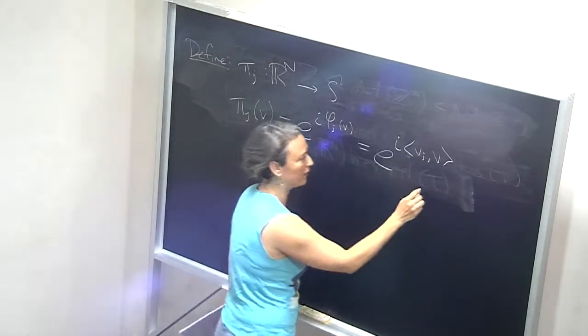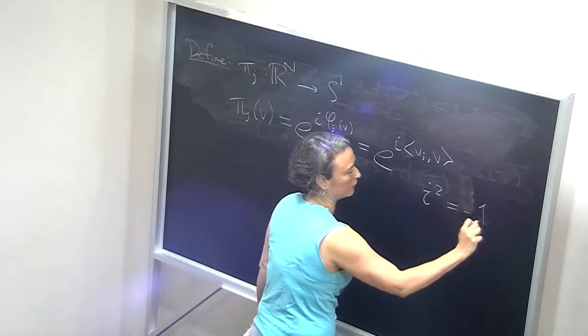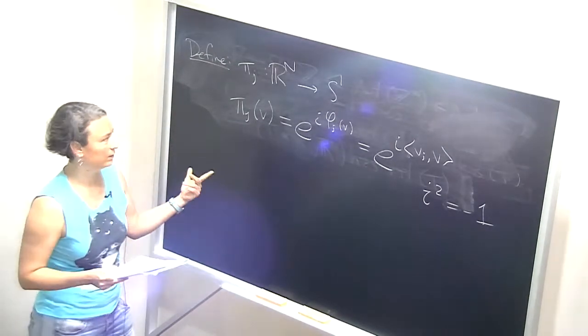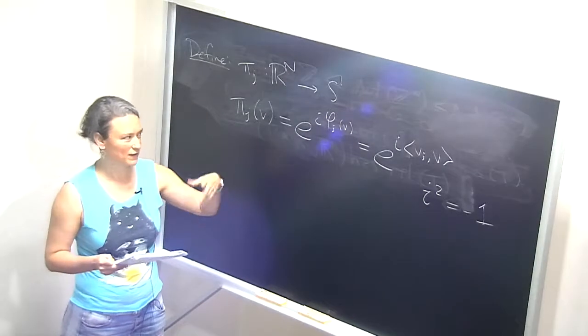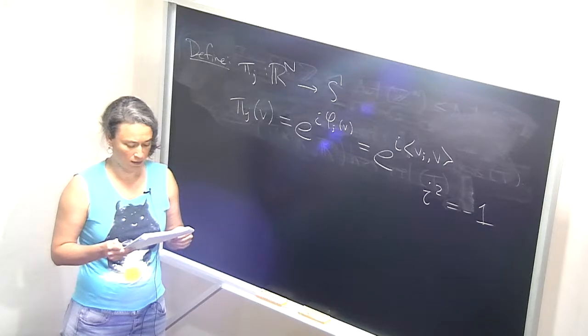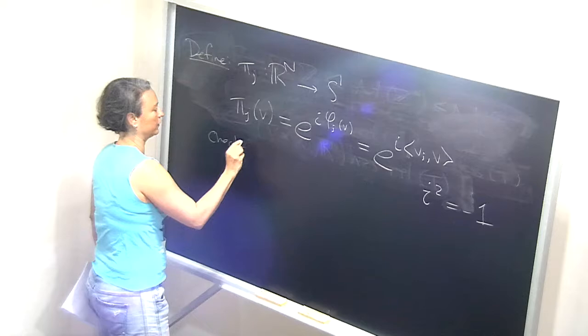Okay, and then this i here is not an index set, but the square root of -1. Okay, so this is a character. I'll let you check it. It's a homomorphism into the unit circle in the complex plane. And you can also check that all characters are of this form.